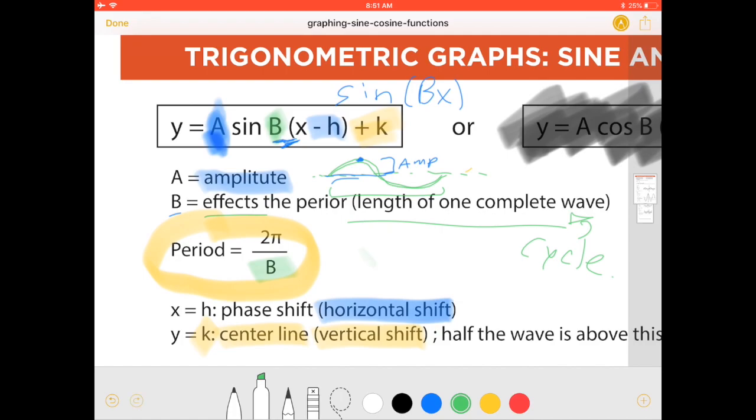Let's say normally we have a sine line that looks like this. If there was a vertical shift, sometimes we'll have to take the whole graph and start it up a little bit higher than normal. And this is okay, that can happen, and that's based off of this vertical shift.